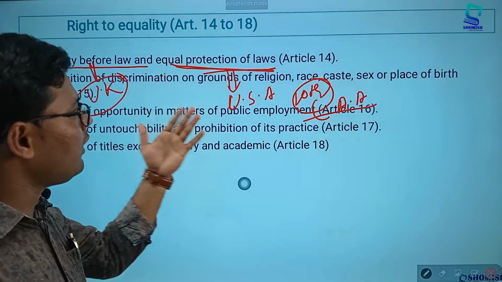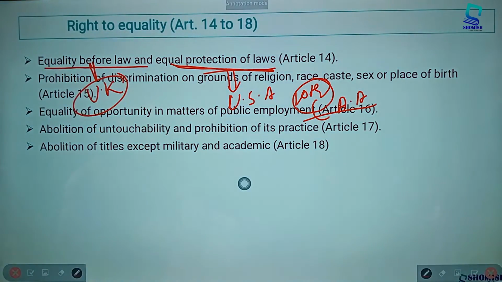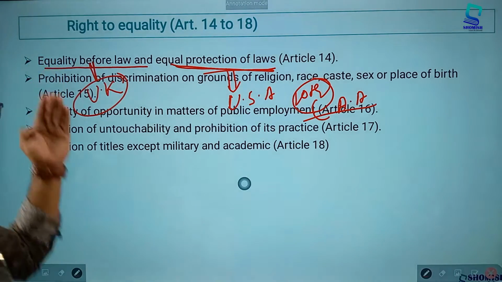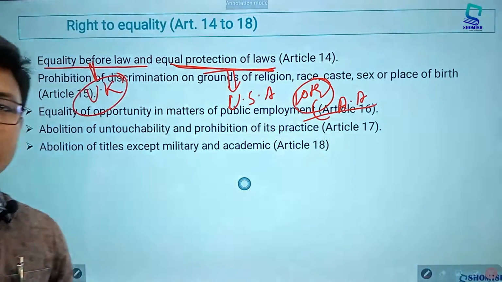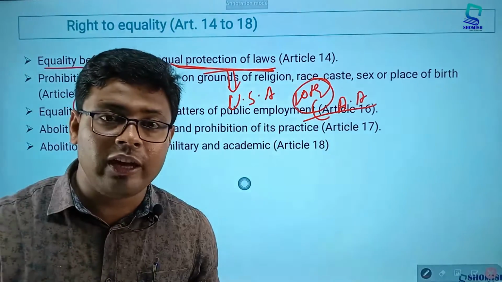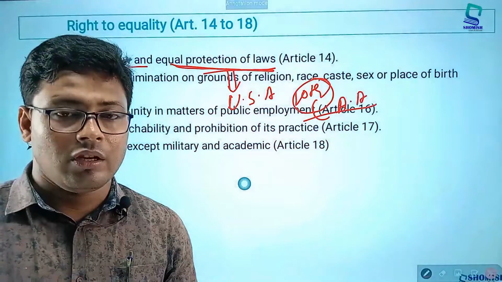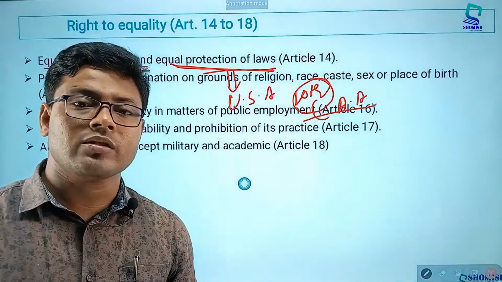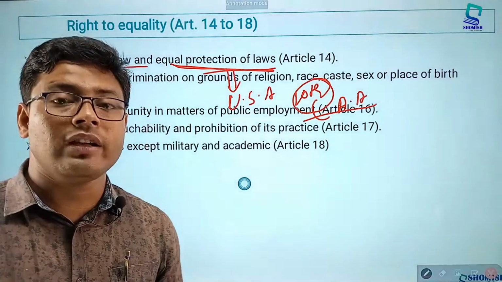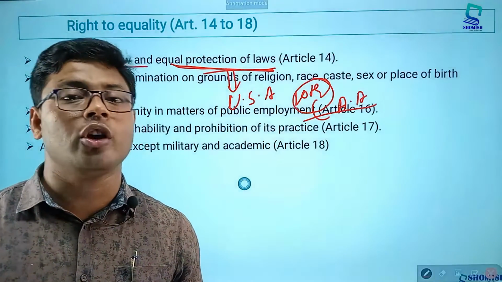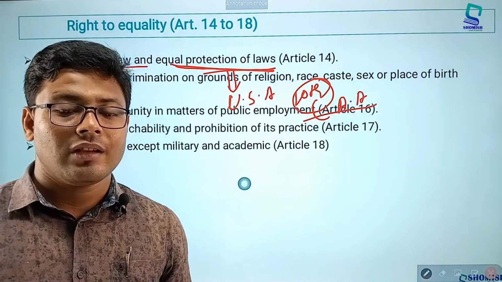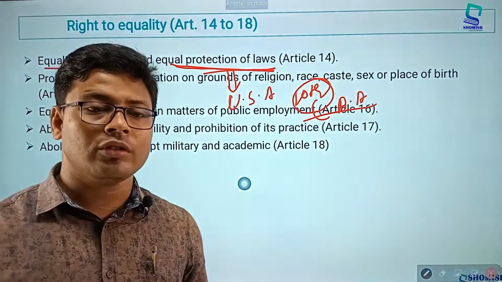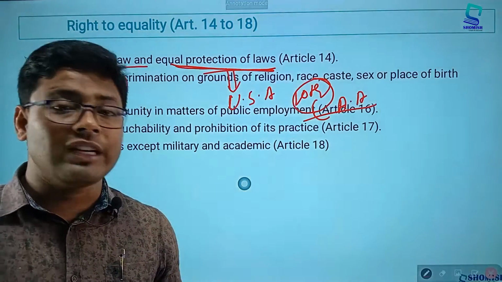Equality before law and equal protection of laws. This concept was basically defined by one political scientist, namely A.V. Dicey, one famous professor and political scientist of UK, and his one famous book, Rule of Law. We know that UK has no written constitution.